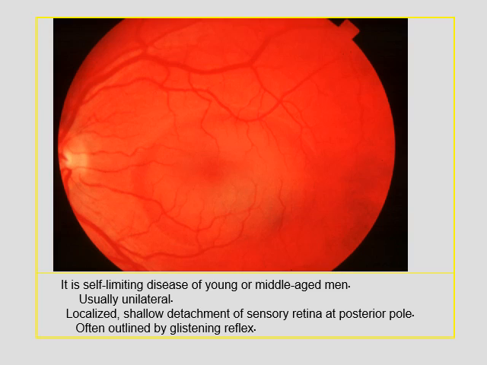The disease is usually self-limiting. It affects the young and middle-aged population. Males are much more affected than females, with a ratio of 9:1 in some studies, meaning that for each affected female, there are 9 affected males.